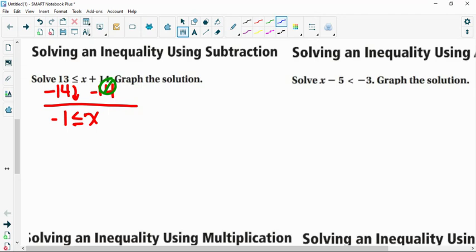To do that, I'm going to take this entire thing and I'm going to flip it so that x is on the left. It'll say x is greater than or equal to negative 1.